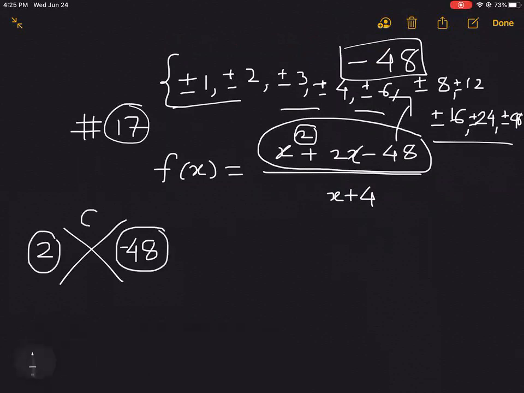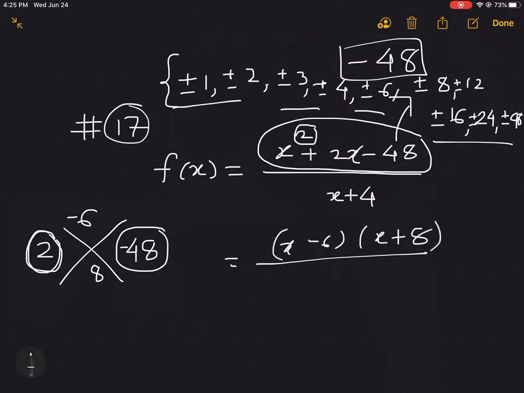So it should be positive 8 and negative 6, simply because your sum is positive, so the bigger value will be positive. Okay, so we can clearly write (x minus 6)(x plus 8) over x plus 4. This will be your answer for A. Any question from this?